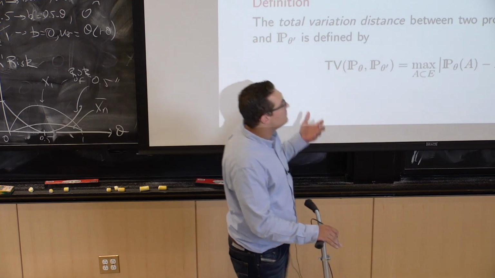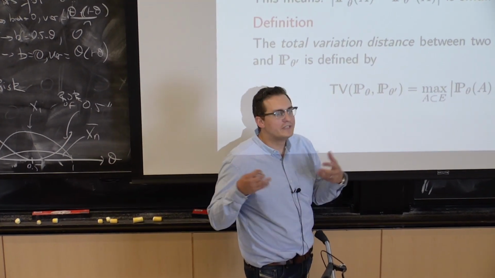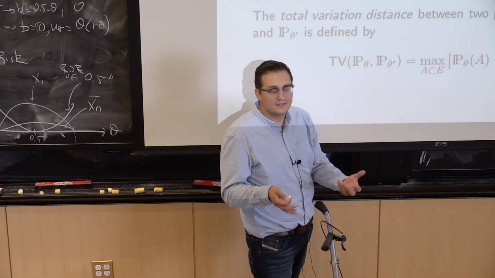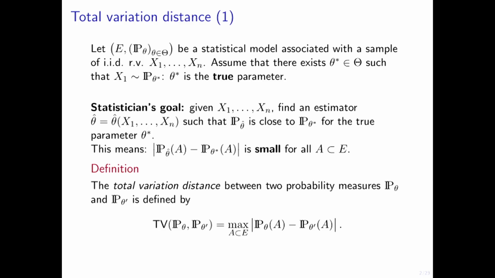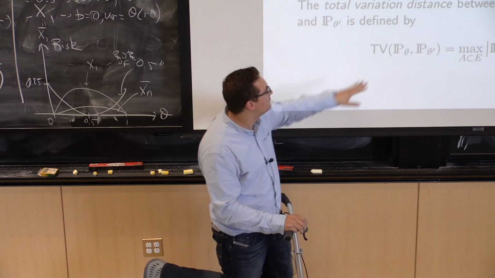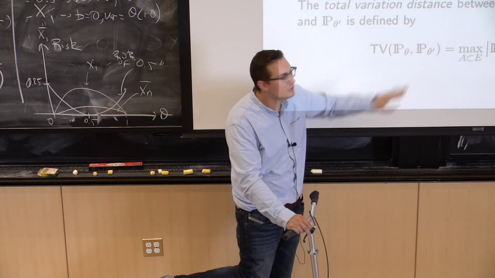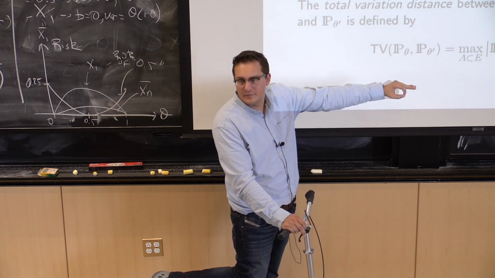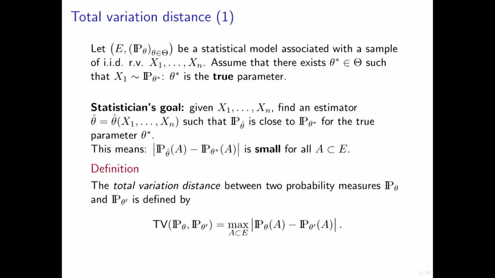Well, if I want to measure how close they are by how they can differ when I measure the probability of some event, I'm just looking at the absolute value of the difference of the probabilities, and I'm just maximizing over the worst possible event that might actually make them differ. Agreed? That's a pretty strong notion. So if the total variation between theta and theta prime is small, then it means that for all possible A's that you give me, p theta of A is going to be close to p theta prime of A.